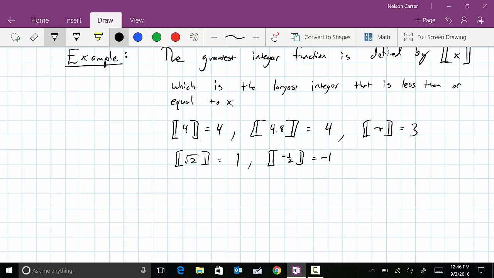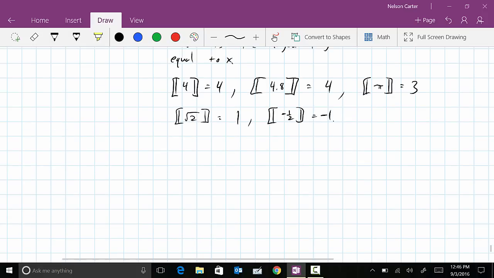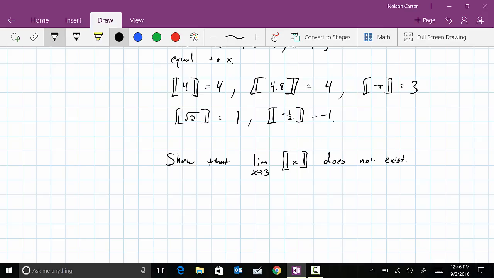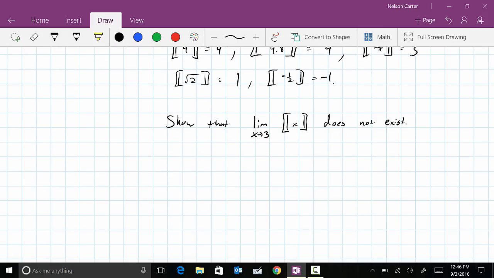Okay. So here's what we're asked to do. We're asked to show that the limit as x approaches 3 of the greatest integer function of x does not exist. Okay, the graph of it looks like stairs.